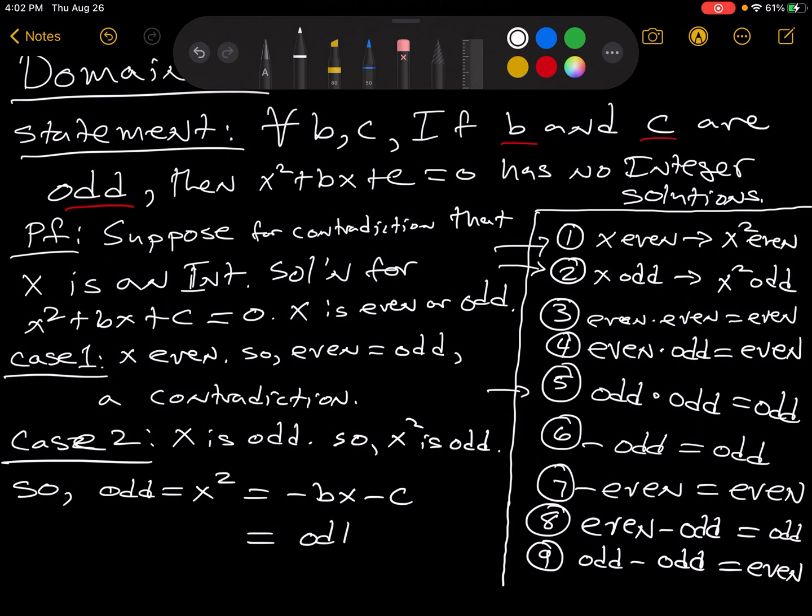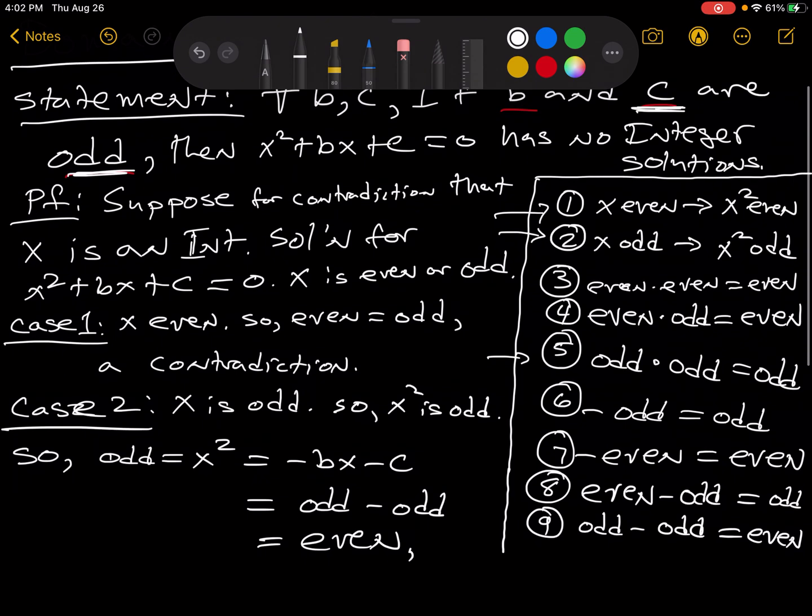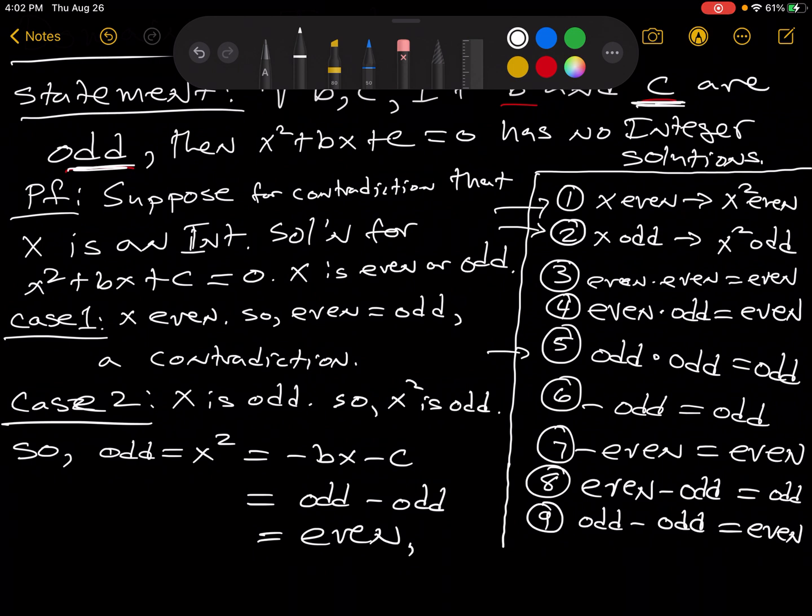So we have odd minus c. c again, it is an odd. Right, this is one of our assumptions again. c is odd. And we have odd minus odd, which we've established is even. So again, we find another contradiction. Right, we have that an odd is equal to an even. Again, a contradiction.